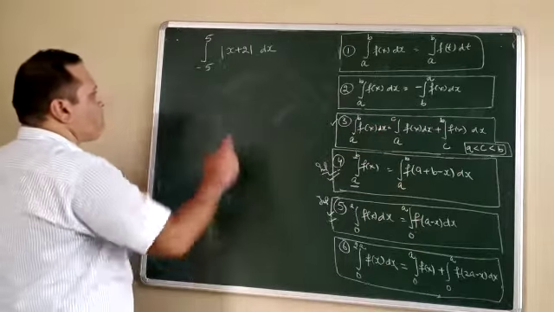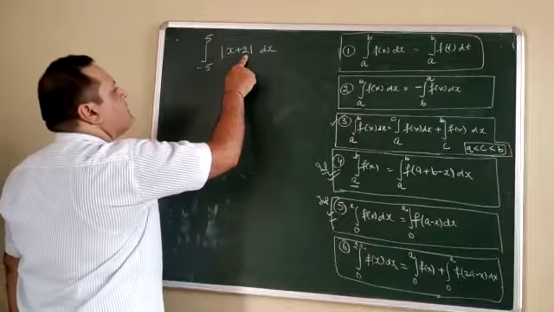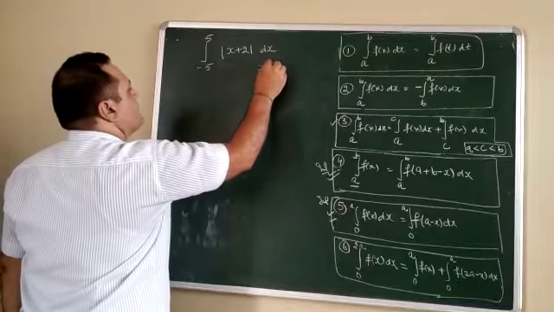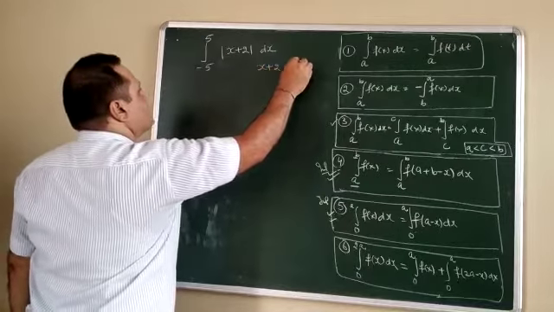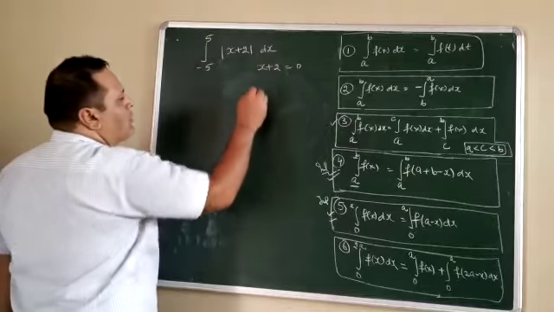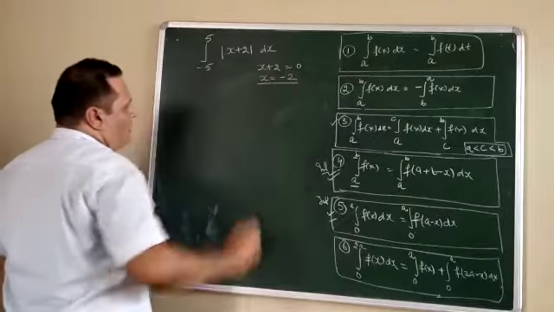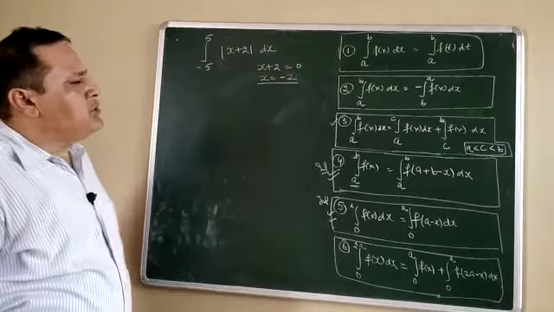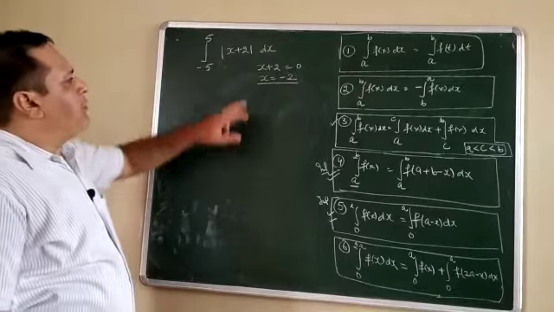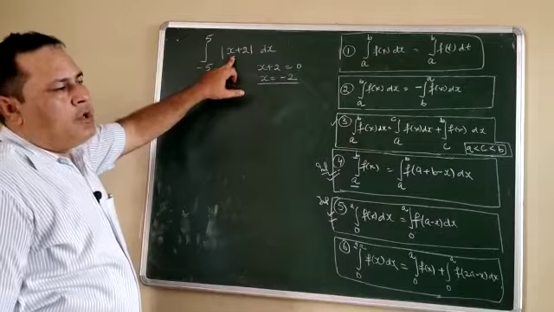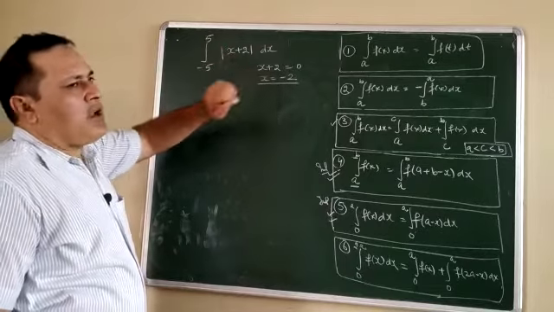See this one. First of all, whatever the statement is given to you, that is x plus 2, keep that statement equal to 0. So you will get x is equal to minus 2. Now the important thing is, it is not necessary every time he will provide a linear equation to you. Maybe he will provide a quadratic equation to you.